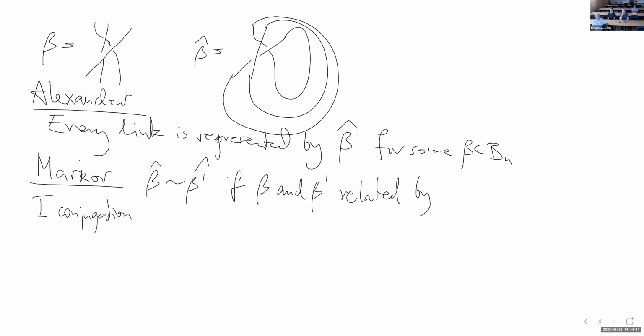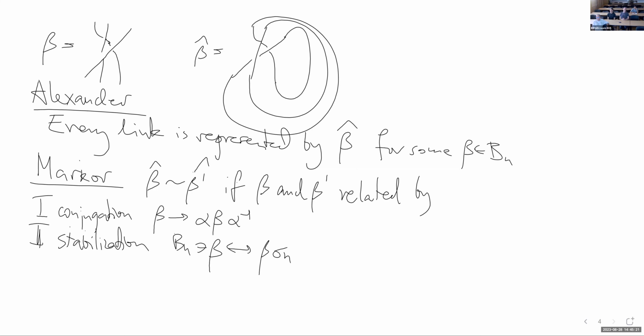One is conjugation, which sends beta to alpha beta alpha inverse, and two is stabilization, which sends beta in B_n to beta sigma_n, which is no longer in B_n, but in B_{n+1}.